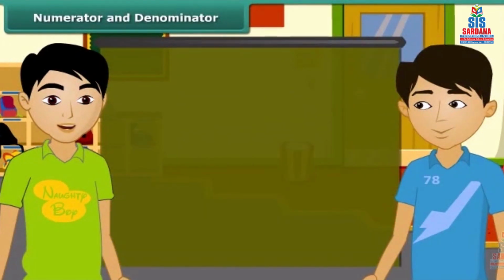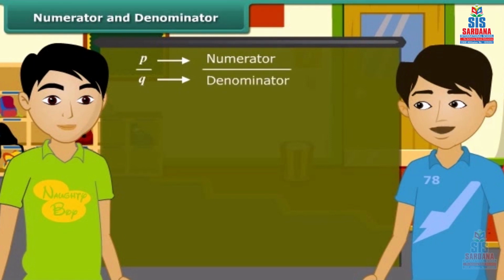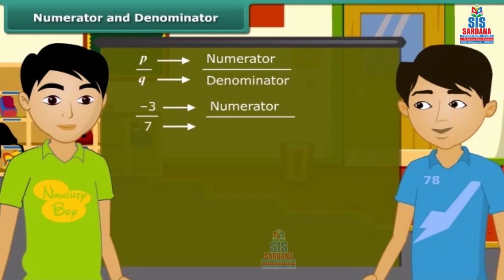Do you know what is numerator and what is denominator? In a rational number p/q, p is the numerator and q is the denominator. For example, in -3/7, the numerator is -3 and the denominator is 7.